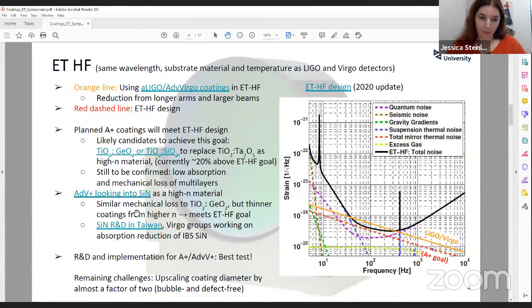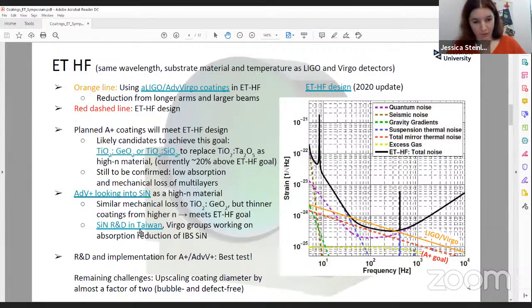Virgo is looking also into silicon nitride as an alternative high index material that can have a higher refractive index, which makes the coating a bit thinner. So with that, this red line here, that goal would be met. However, with silicon nitride, the absorption is also still quite high, and people are working on reducing it. There's also been a lot of work on silicon nitride in the past.